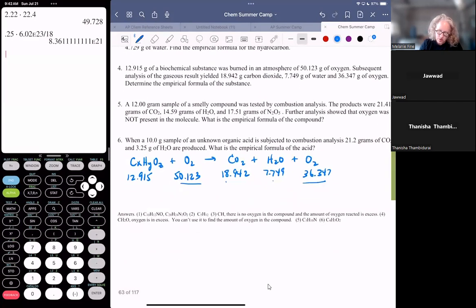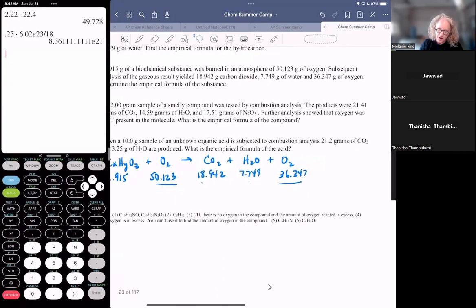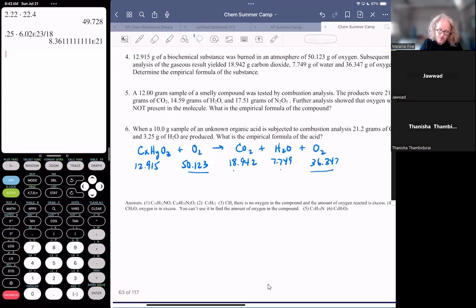I didn't really know how to start it. Okay. Further demonstrated that oxygen was not present in the molecule. Oh, no, we're on 4. Okay, good.